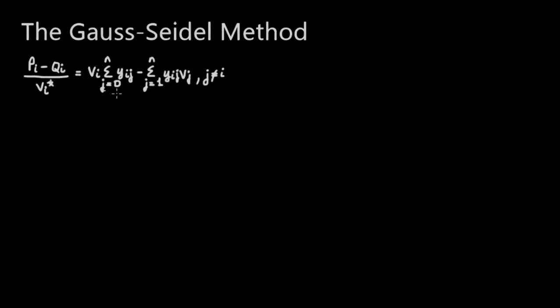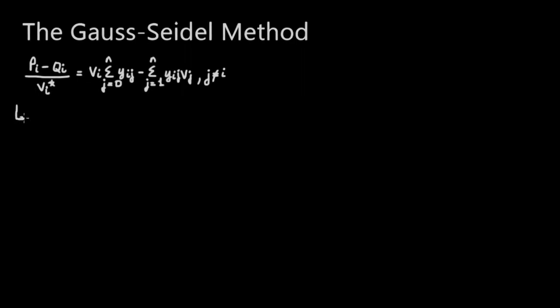in this equation, and basically we're going to isolate that on one side of the equation. So if I rewrite this equation, I'm going to do one step. First I'm going to bring the terms that don't have Vi on it, so this term over here, to the other side of the equation. So we'll get Pi minus Qi, and again I is the bus I, over Vi conjugate, and then I'm going to move this term over here to the other side of the equation.